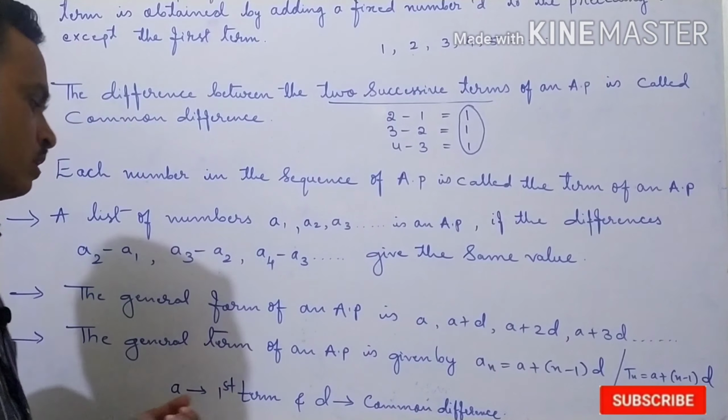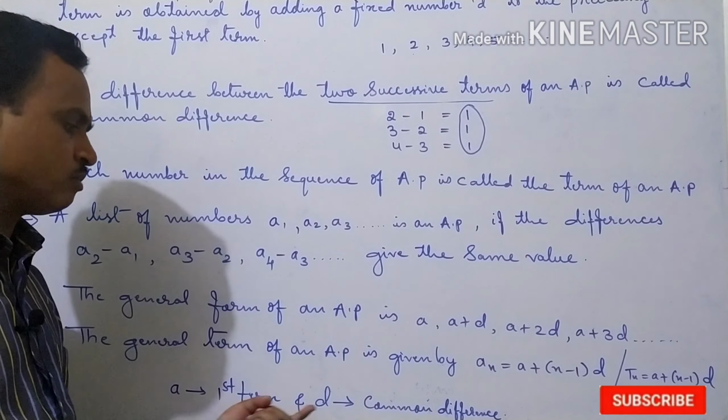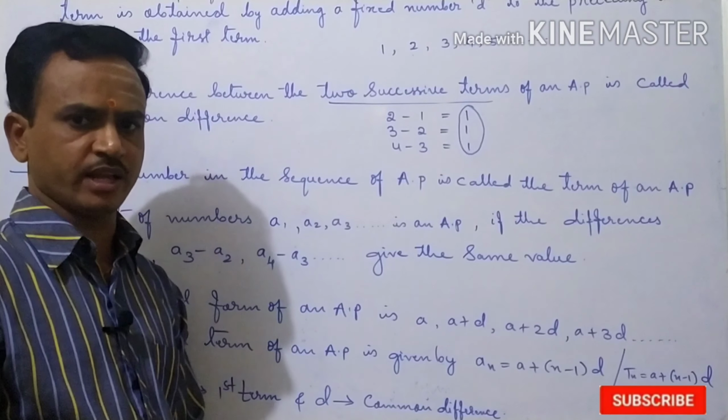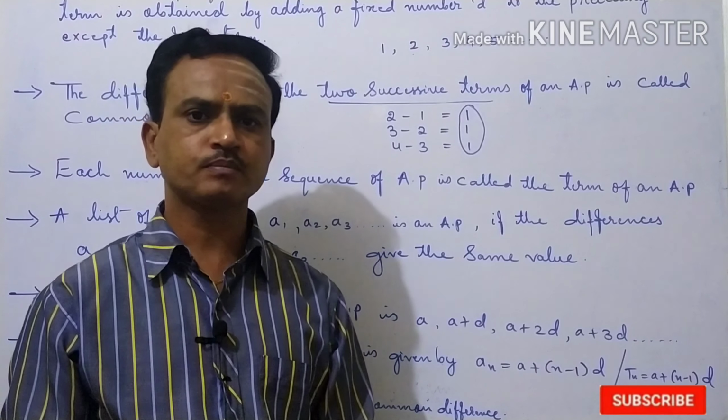Here a is the first term and d is the common difference.